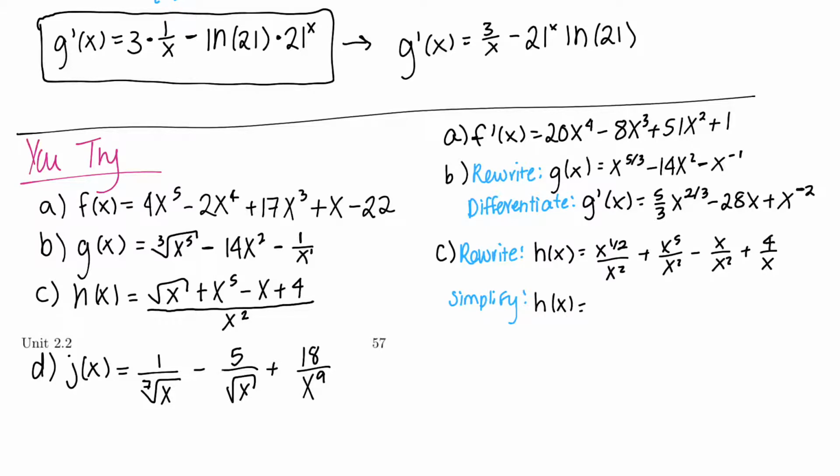So 1/2 minus 2 is going to be x to the negative 3 halves. 5 minus 2, that'll be x cubed. This is x to the 1st power, so 1 minus 2 is x to the negative 1. And then this is 4x to the negative 1. If you really wanted to, you could combine these together. Because they are the same power, you'd end up with plus 3x to the negative 1.